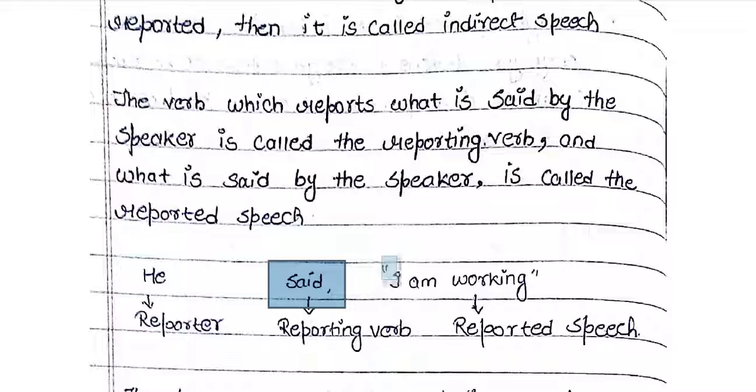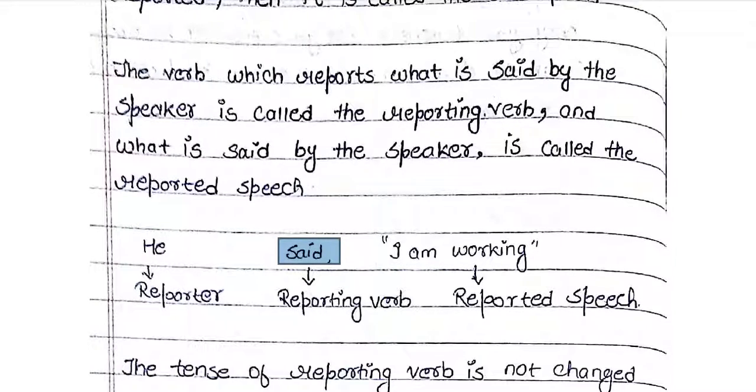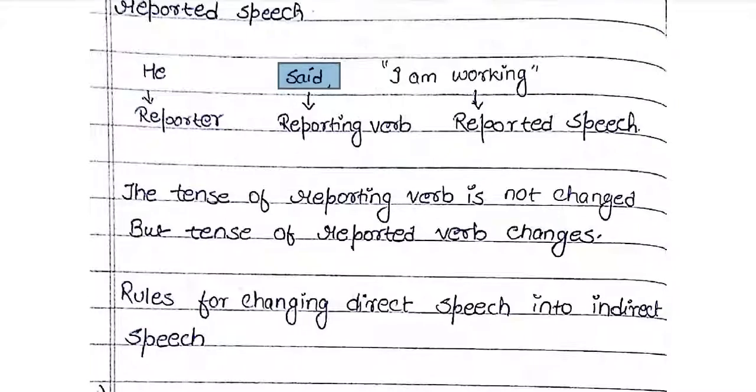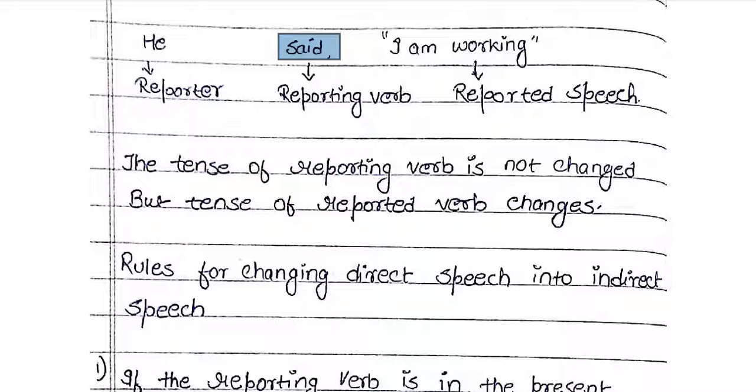So this line in inverted commas is called reported speech, because this is what is being reported, and this is called the reporting verb because it is reporting that reported speech. So after getting that, let us come to the rules.